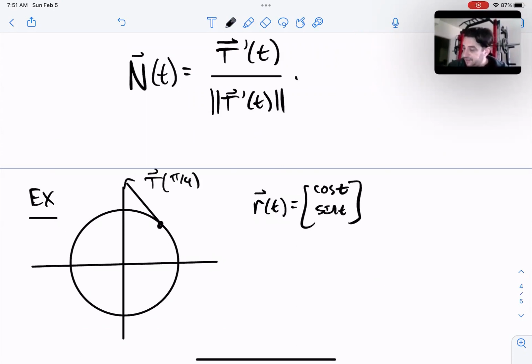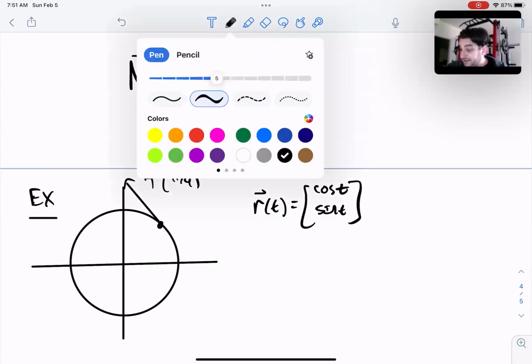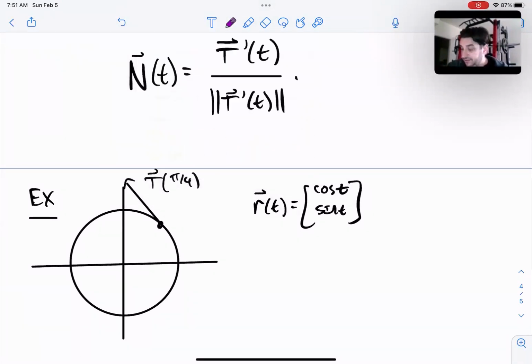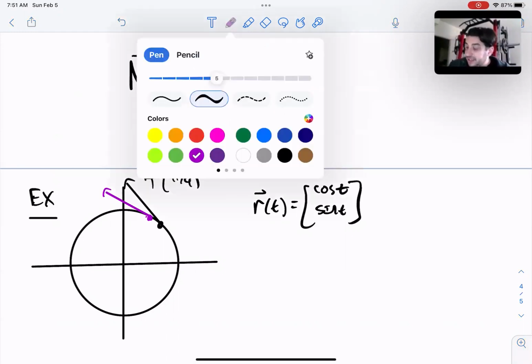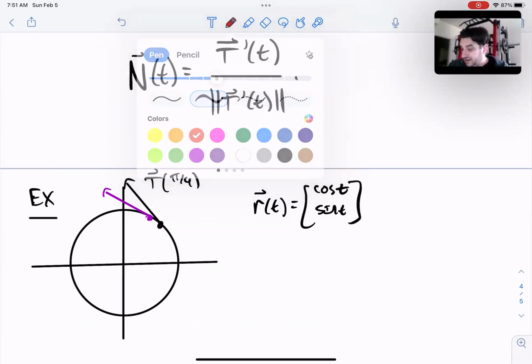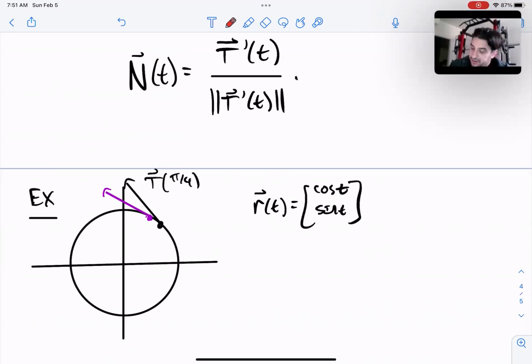And then you think of the tangent vector an instant later. So let's do, say, purple. A very small unit in time later, you can ask, in what direction is the tangent vector changing? And so you could say from here, where is it going really?